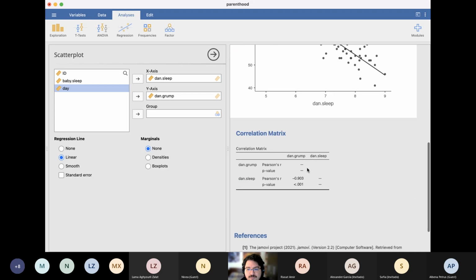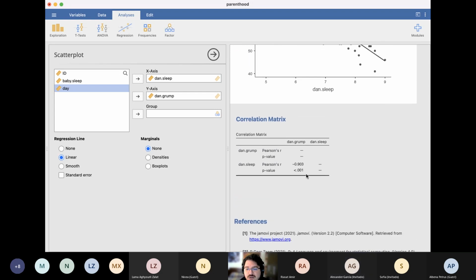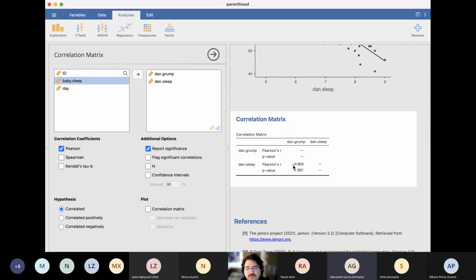And what do you see on the table? Well, this is the thing that I have not understood very well, but with Pearson's coefficient, it's minus 0.9.